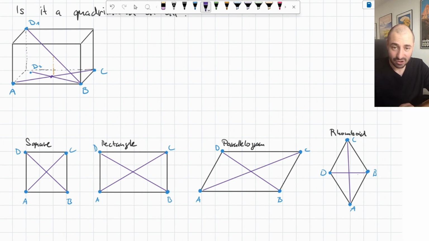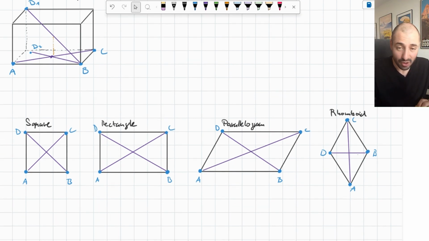These are the only 4 types: a square, rectangle, parallelogram, and rhomboid. You can check this on your own: just draw 2 diagonals that bisect each other, and you will notice that the only 4 shapes that come out of this will be either a square, a rectangle, a parallelogram, or a rhomboid.